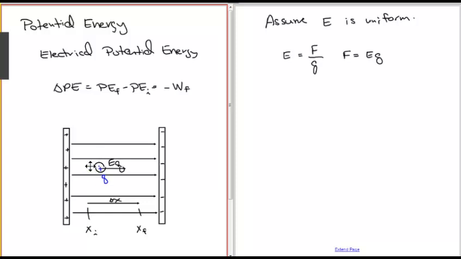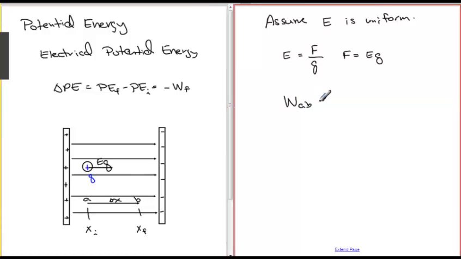So as we move this charge from here to here, there's going to be work done because the direction of the force is in the same direction as the displacement. And what we find is that the work done moving from point A to point B, let's call this point A and this point B, is equal to the force in the x direction times delta x.